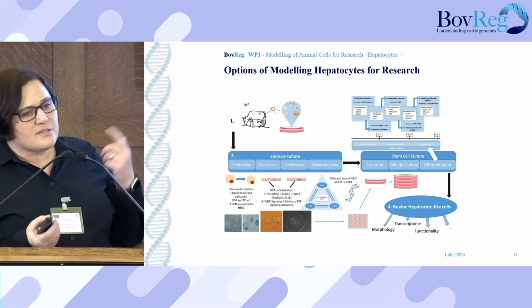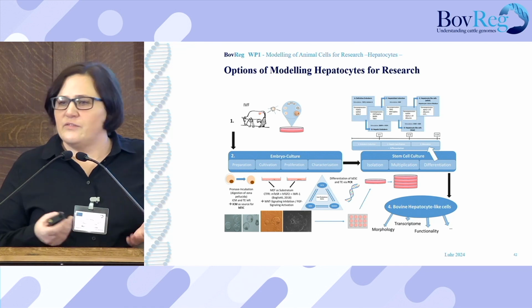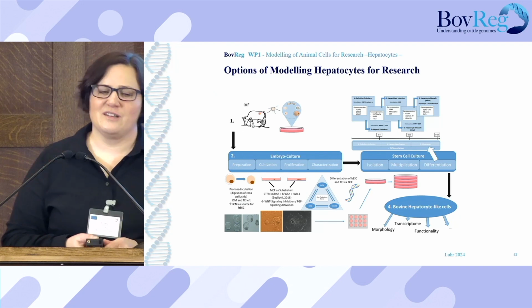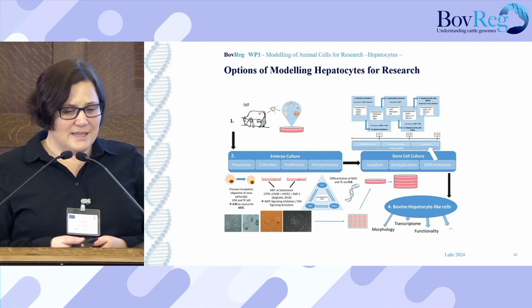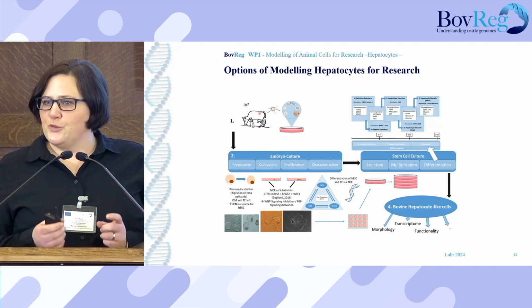So there are different stimulation factors here to get at first the definitive endoderm, the hepatic endoderm, and all the steps we have in embryogenesis as an option to get hepatocyte-like cells. Those cells are also able to produce albumin.